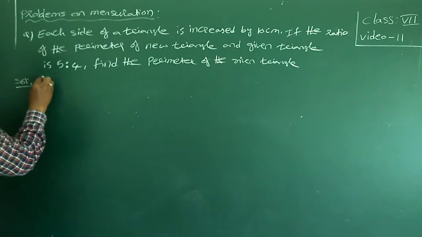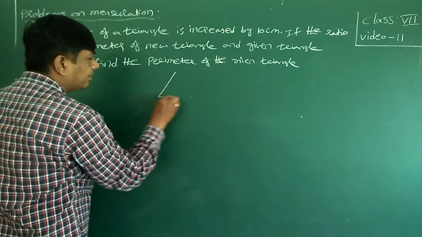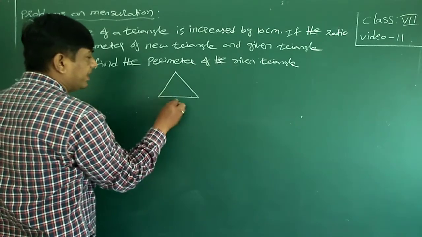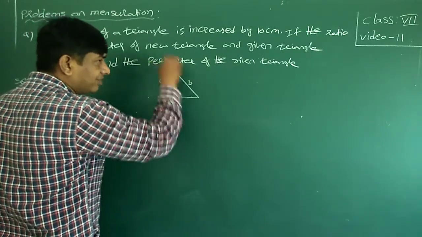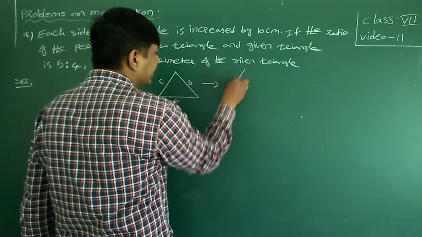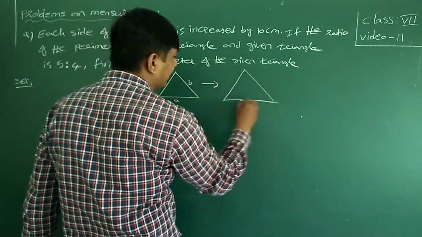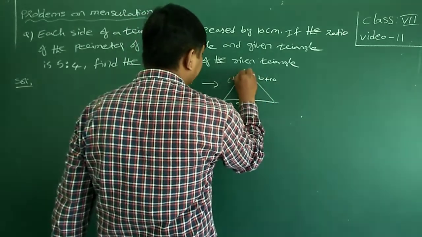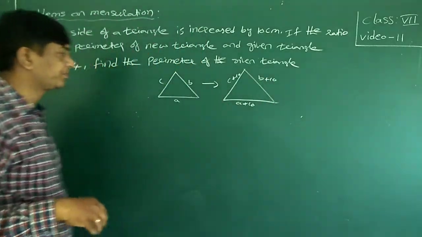See here, this is one triangle. Its perimeter is A plus B plus C. Sum of these three sides is equal to 10 centimeters. If this triangle is increased by 10 units, this will be A plus 10, this will be B plus 10, this will be C plus 10. Sides measurements are done.